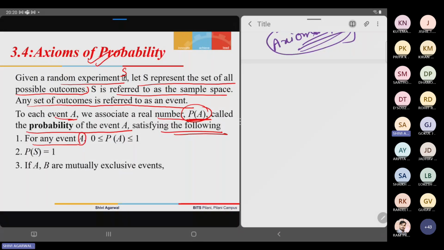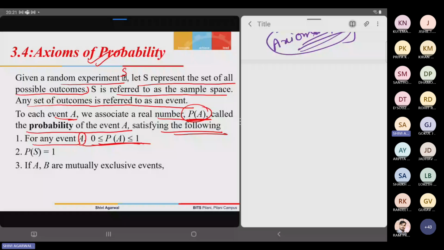For any event A, the probability of that event is always between 0 and 1. One example I am giving you: some layman says there is a 40% probability. That is wrong. Probability is never in percentage; it is always between 0 and 1.